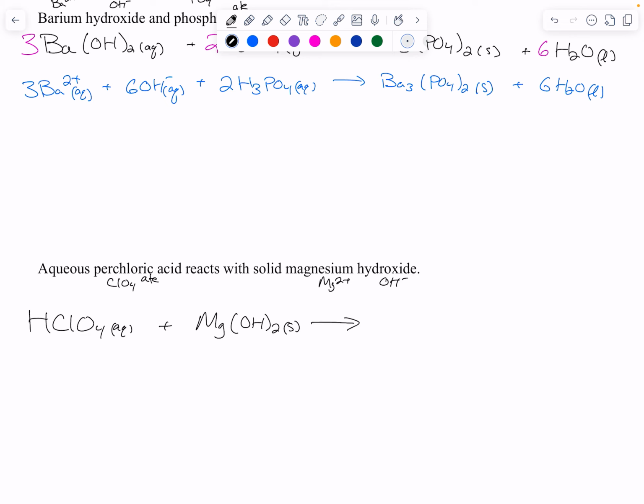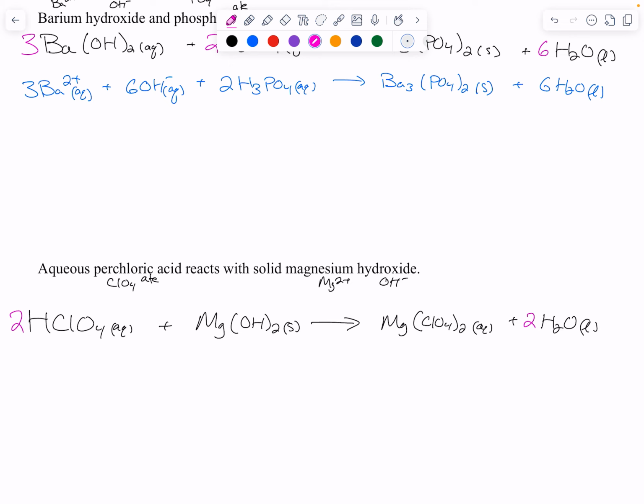And it looks like we get magnesium perchlorate, which would be Mg(ClO4)2. And that's probably going to be in solution. Plus, what's left over? I think it's H2O. Are we balanced? I don't think so. I think we need a 2 here, and probably a 2 here. And I think we're good now.